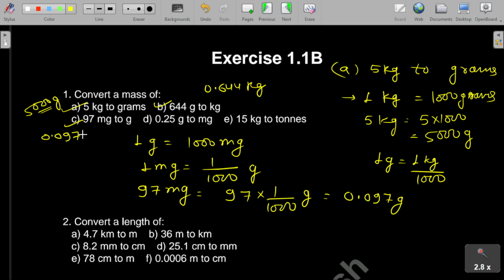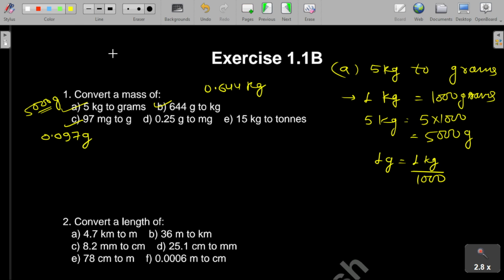Now next one, 0.25 gram to milligram. So this one you will do by yourself. Now 15 kg to tons. 1 ton equal to 1000 kg. So 1 kg equal to 1 upon 1000 tons.